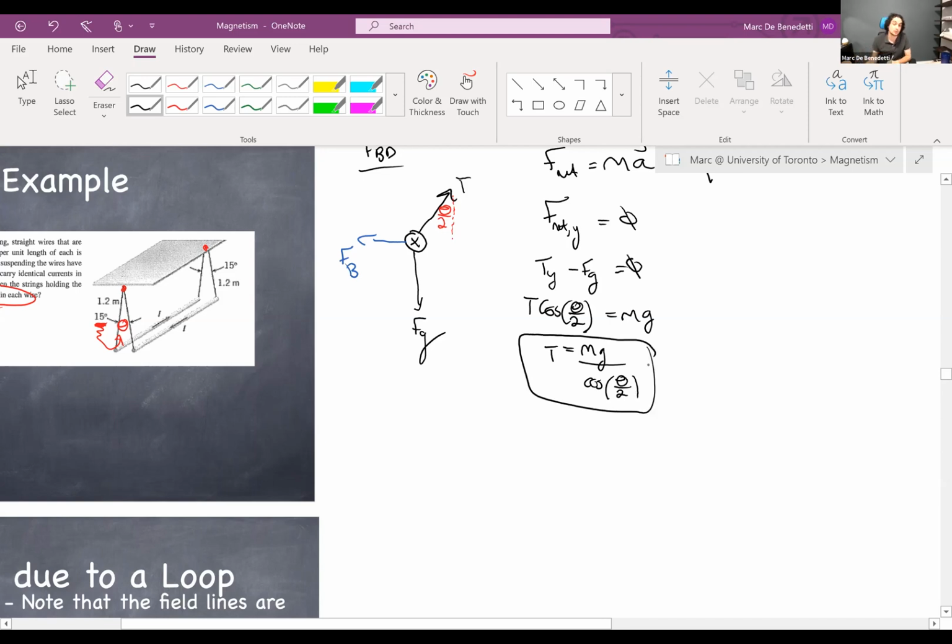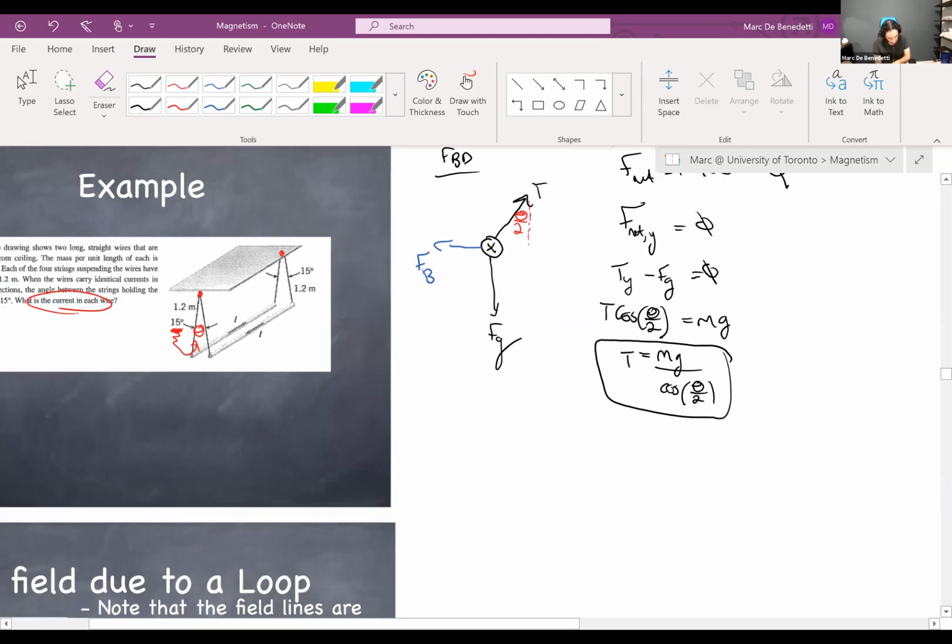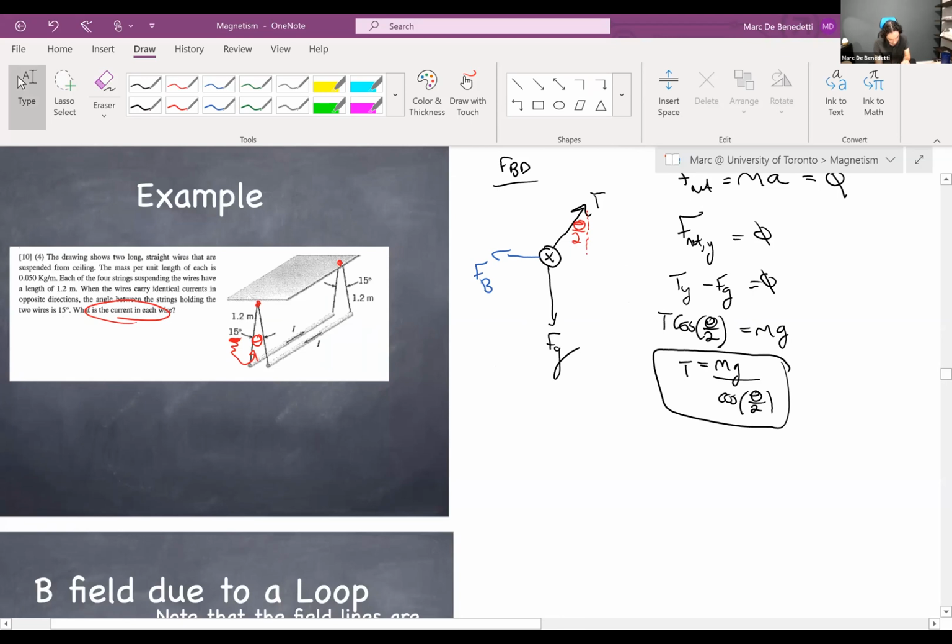All right, I know we weren't asked for tension, but we can solve for it because we have m. Well, we sort of have m. We've got theta. We may not have m, but what do we have? Right here, the mass per unit length is 0.05 kilograms per meter.